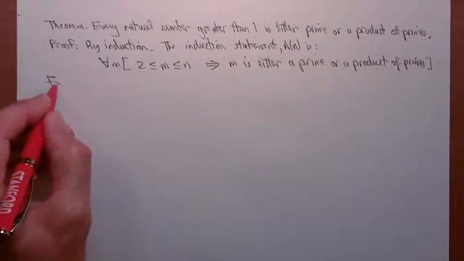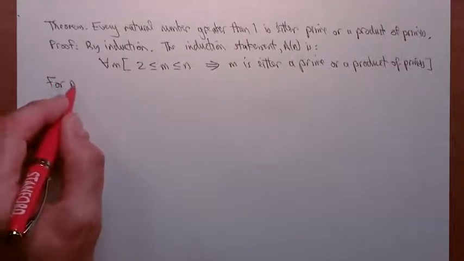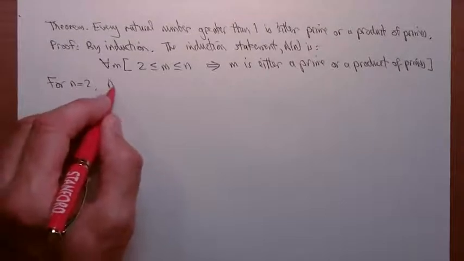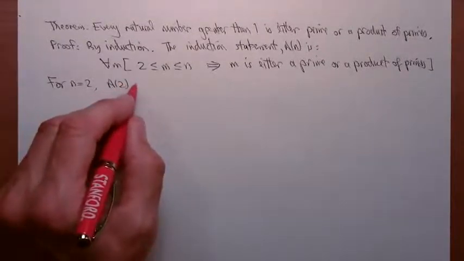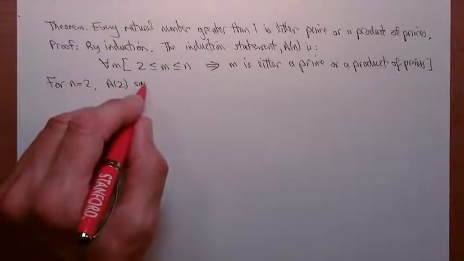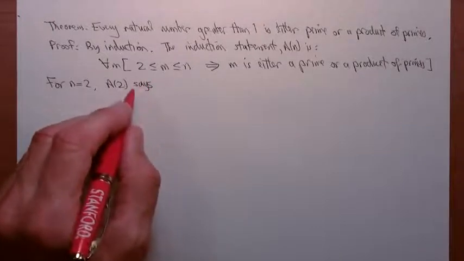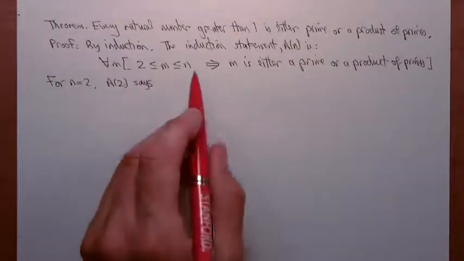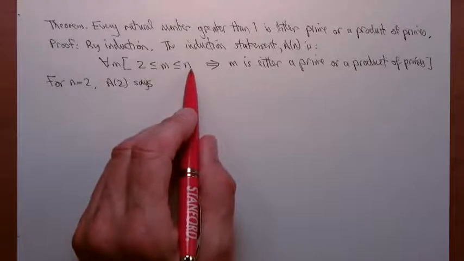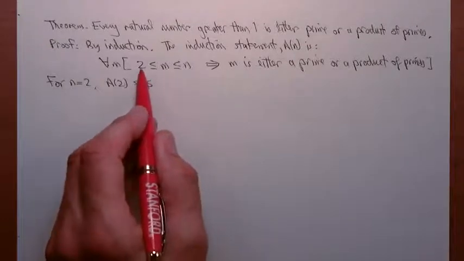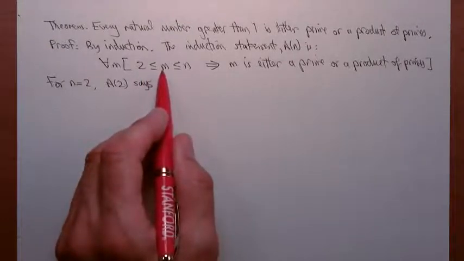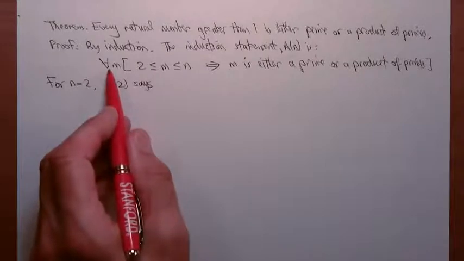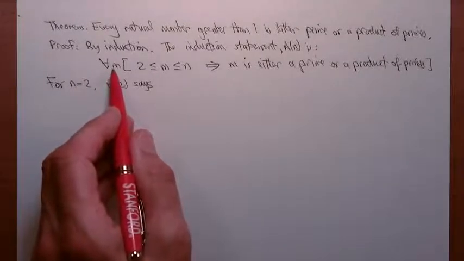So we have to start with the first step, namely n equals 2. A(2) says what? Well, if n equals 2, there only is one m between 2 and n. So the universal quantifier here is essentially vacuous. I mean, it's just a special case. It's a degenerate case.